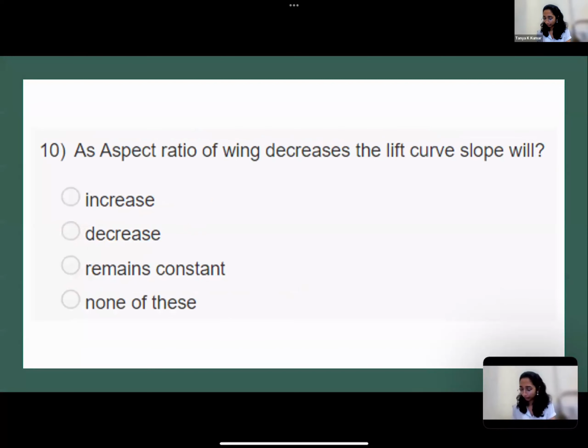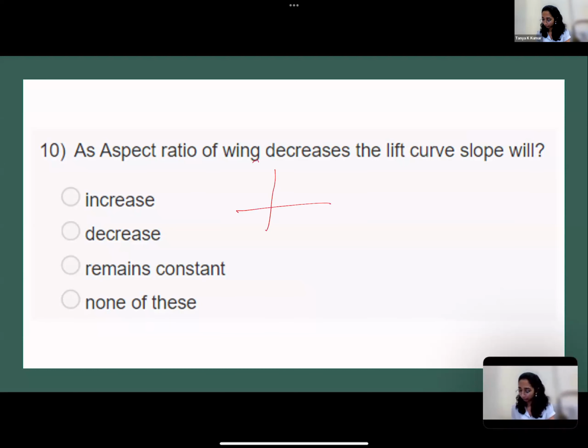All right, next. Aspect ratio, we've discussed this question multiple times. As aspect ratio of wing decreases, the lift curve slope will, the slope of the lift curve graph. What is the lift curve slope?